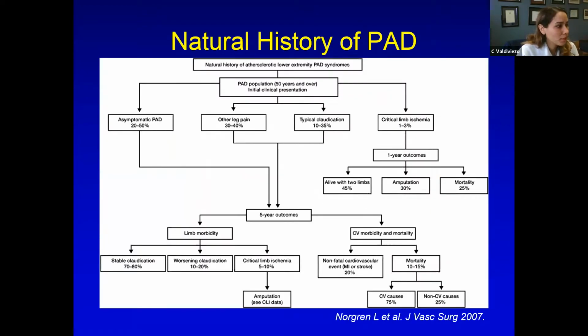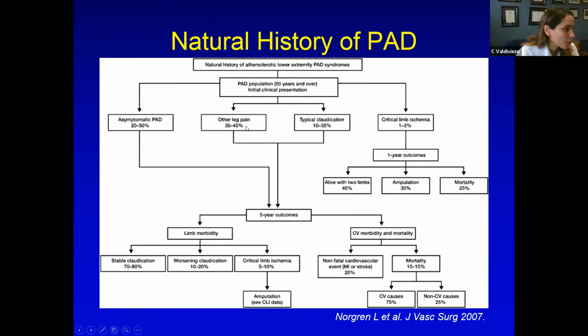So here is a graph that describes the natural history of PAD and the spectrum of disease. This is among a population of patients 50 years and over, upon initial clinical presentation. About 20 to 50% of patients will initially present with asymptomatic peripheral artery disease.